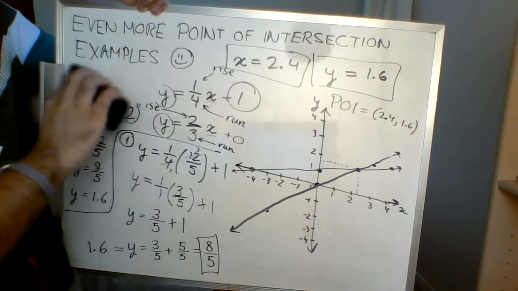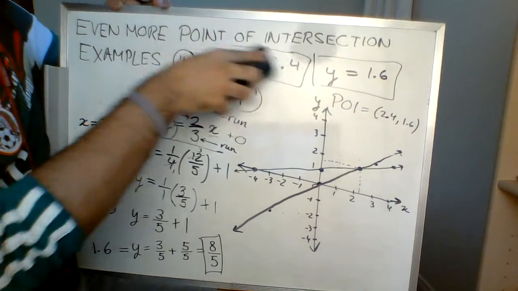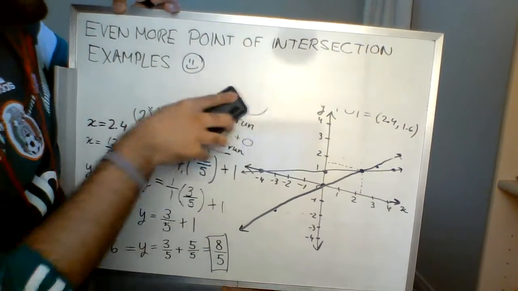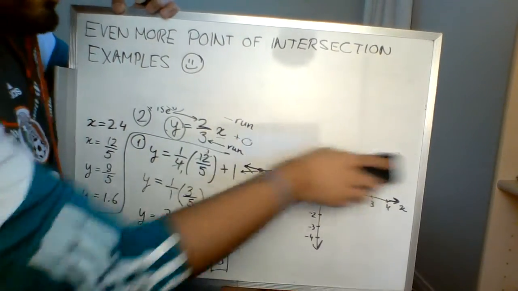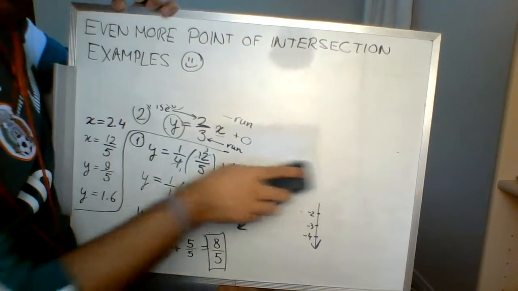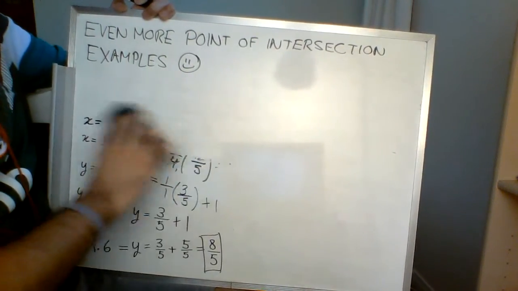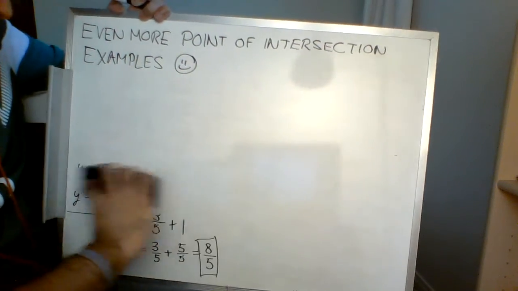So for the last one, I'm going to go through it a little bit faster once we get through the hard part. And the hard part is that when I give you the question, the equations for the lines aren't going to be written in the format that we would expect to see them. So they're not going to be written like y equals mx plus b.